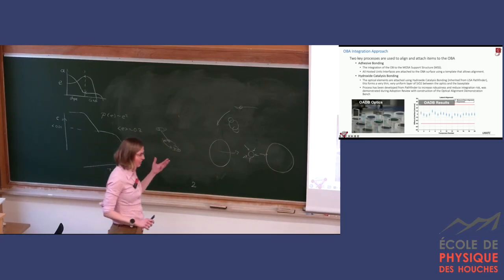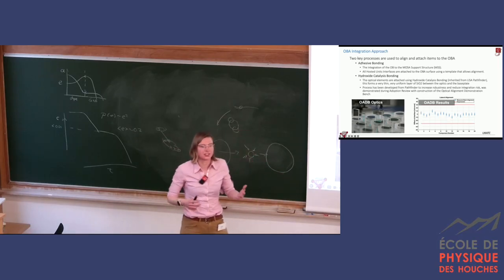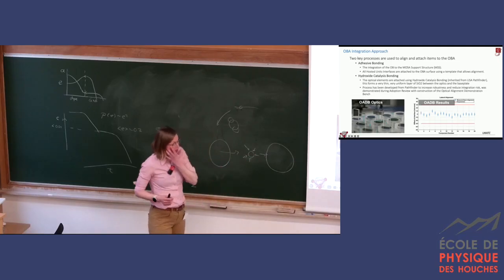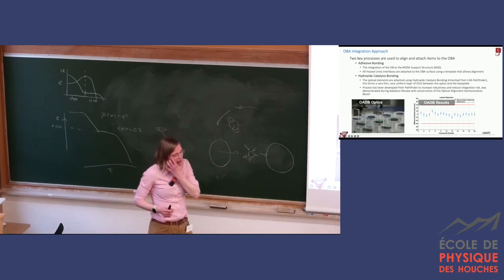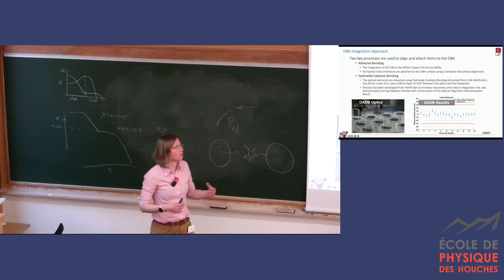The key problem, or maybe not problem, the challenges of building such an optical bench was mentioned. Pathfinder only had one, and it takes a very, very long time. It's very tedious. It requires precise bonding of the optics.